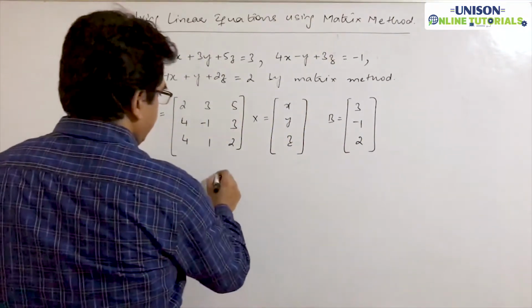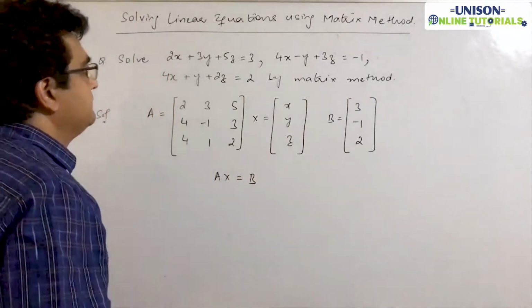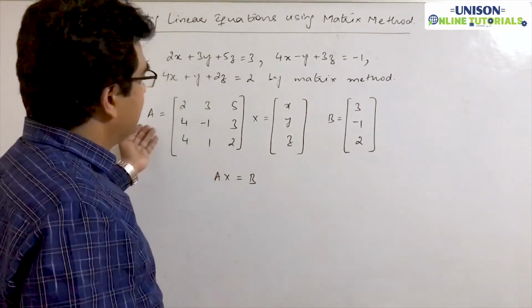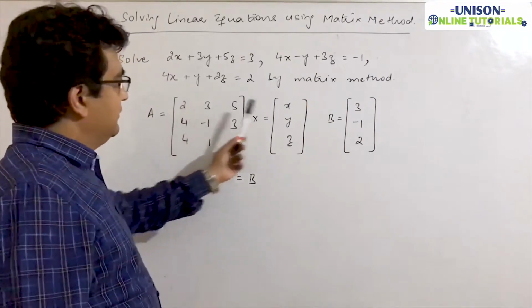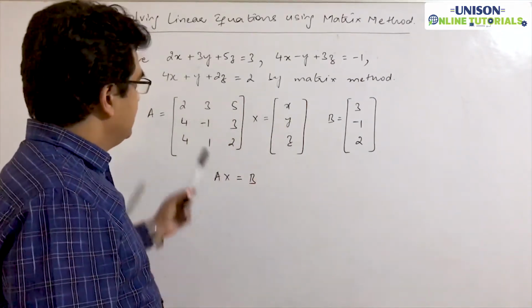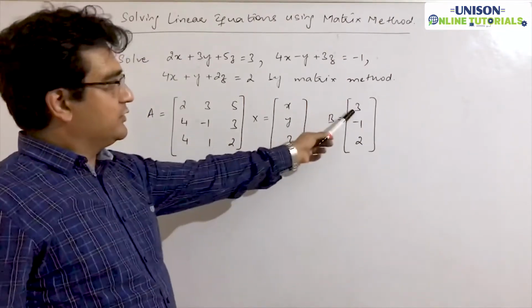Now if I write AX is equal to B, what is AX? AX means I am multiplying A with X. Let's multiply A with X: 2x plus 3y plus 5z equal to B, that is equal to 3.